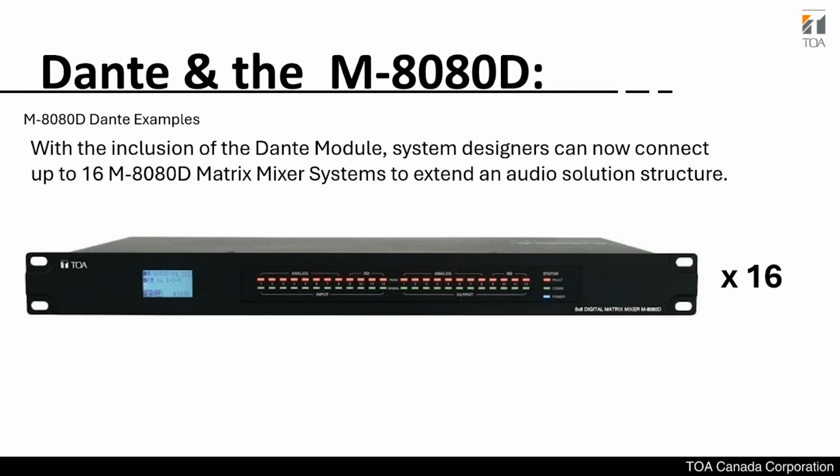With the Dante module, a system designer can connect up to 16 M8080D matrices, and as we discussed before, we can use a maximum of 192 inputs and outputs. So when you're using 16 M8080Ds, we can use them together with the Dante modules.